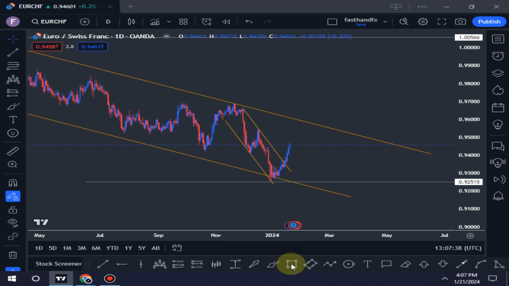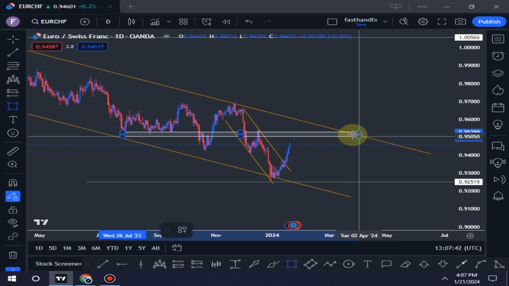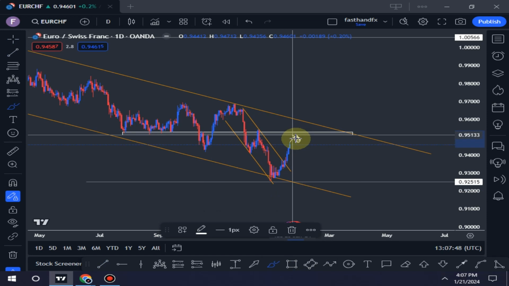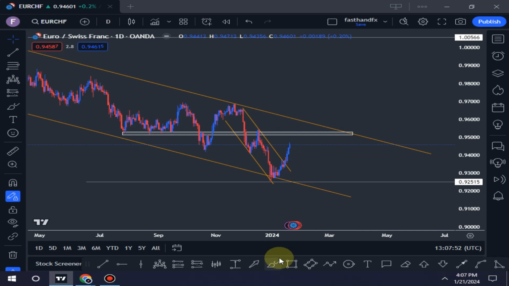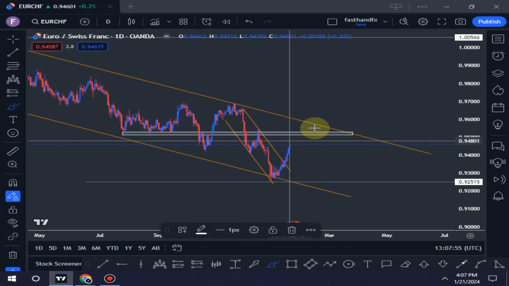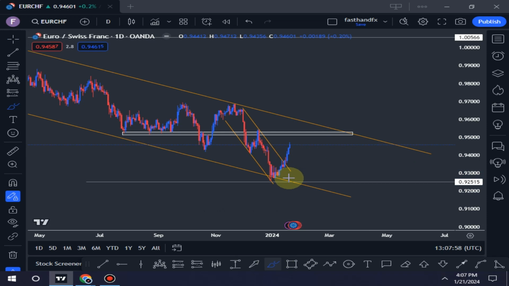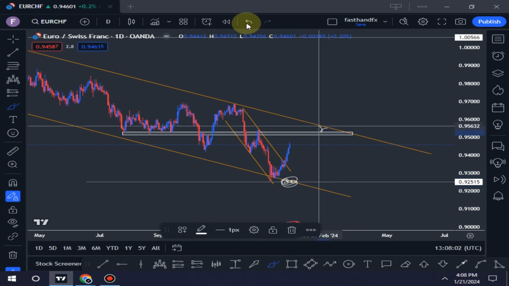All right, there's also this level. So we need to understand the type of reaction or the type of play that this market is going to do right here. But taking a trade around this is going to be tricky, because price might go any way. That's why I prefer taking an entry either at the demand zone or at the supply.